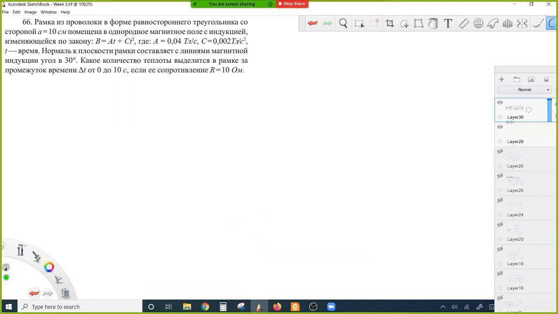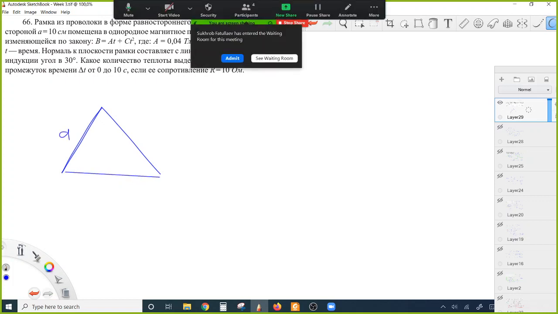which is saying a loop in the form of triangle, equilateral triangle, which means that every side of triangle is equal.